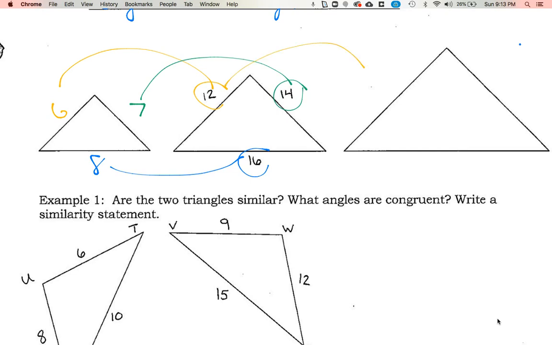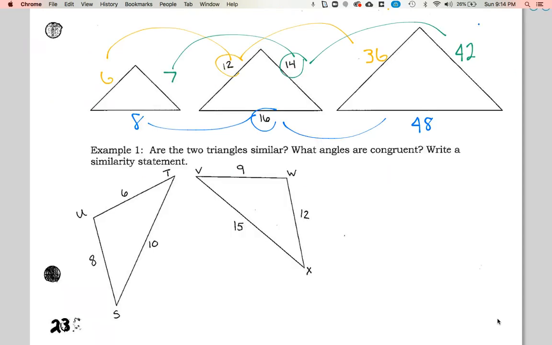Or we can go ahead and maybe triple this. 36, 48, 42. Same shape, different size.